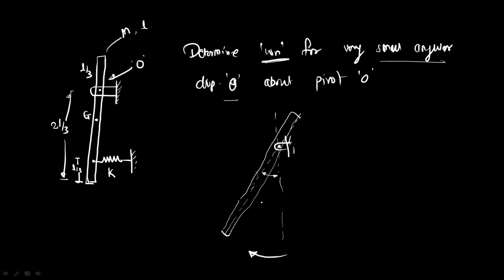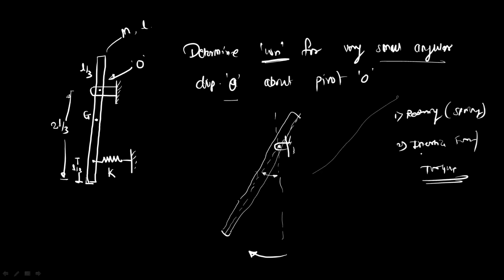At this position, we should draw the free body diagram. In the free body diagram, first will be the restoring force. Restoring force means the spring force, the force offered by the spring. Second will be the inertia force or inertia torque.